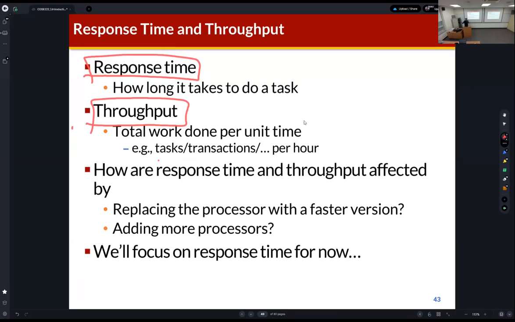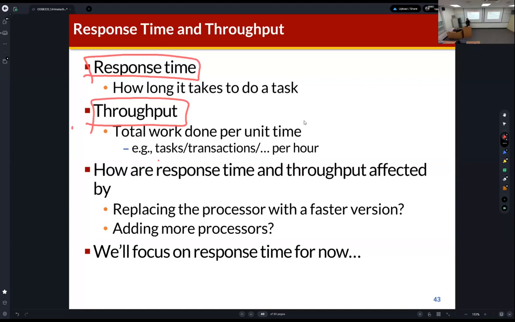You need to understand the meaning of these two performance metrics, because in this course we will use them frequently.